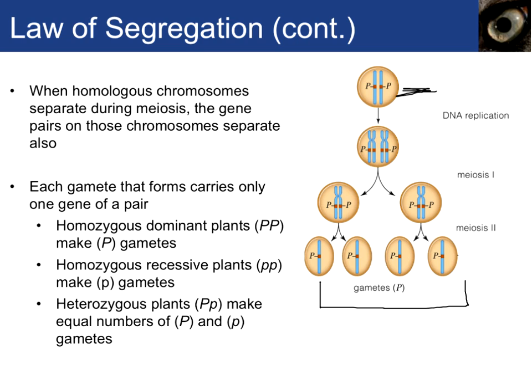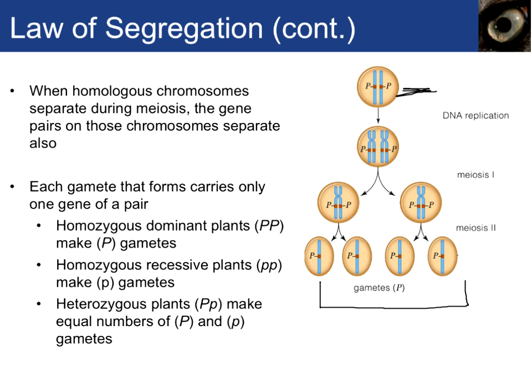Homozygous recessive plants make only gametes that carry recessive alleles. And a heterozygous plant makes equal numbers of gametes that carry either the dominant allele or the recessive allele.